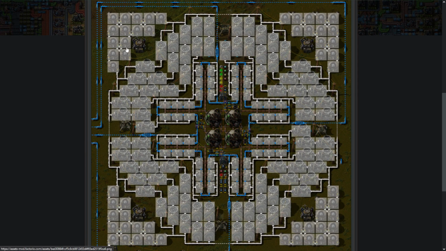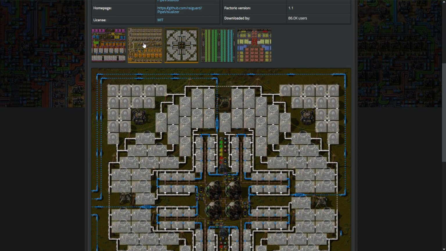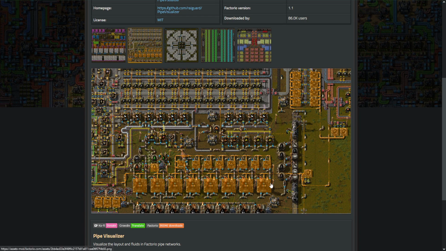And then you can also see this. This screenshot will be relevant next. I mean, I want to show you where this actually appears in the Friday Facts. You can see the station here with crude oil coming in. And then this is just the refineries to refine the oil into heavy, light oil and petroleum gas.